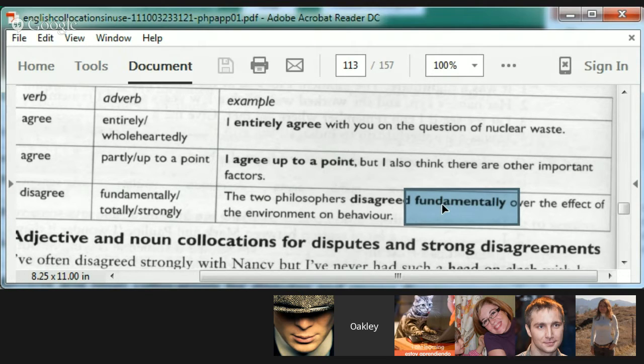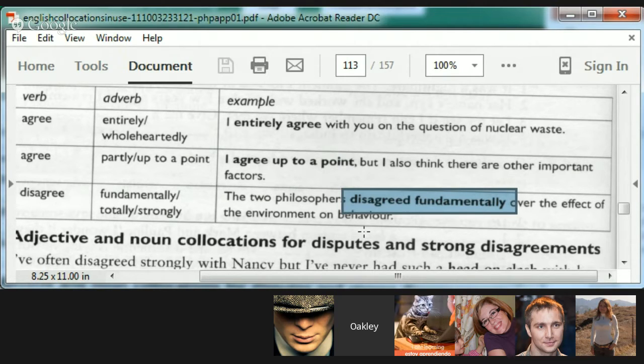So we can fundamentally disagree, or fundamentally agree. You can use it with agree as well. But if I say I fundamentally agree, it means I agree with your base idea, but maybe not the more detailed possibilities.